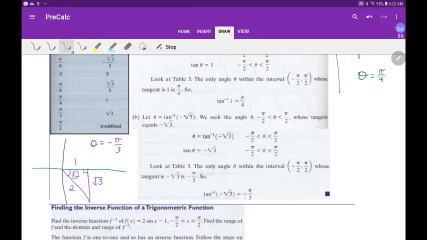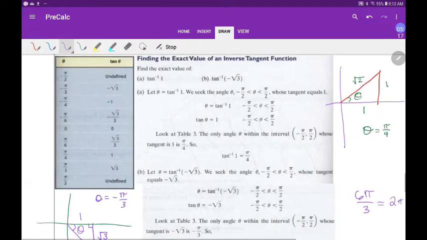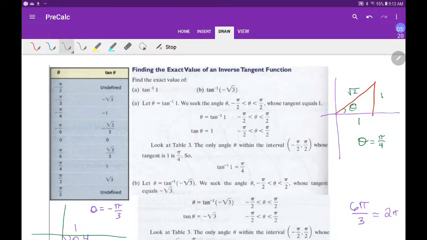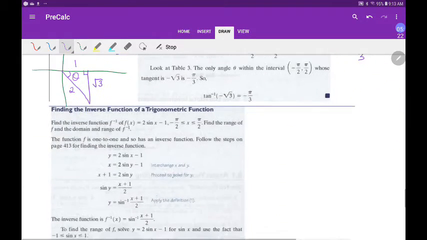I go 5 of the 6 total. 6 pi over 3 is 2 pi, right? That's the total. Okay, so if I went 5, I'd get to the same place, but I can't go 5. I'm supposed to go down 1. So I have negative pi over 3 because I'm limited. I can't do the other. But I still know what I'm talking about. And I don't really need this chart. I suppose you could memorize the chart, but I know reference triangles, so I don't need to.